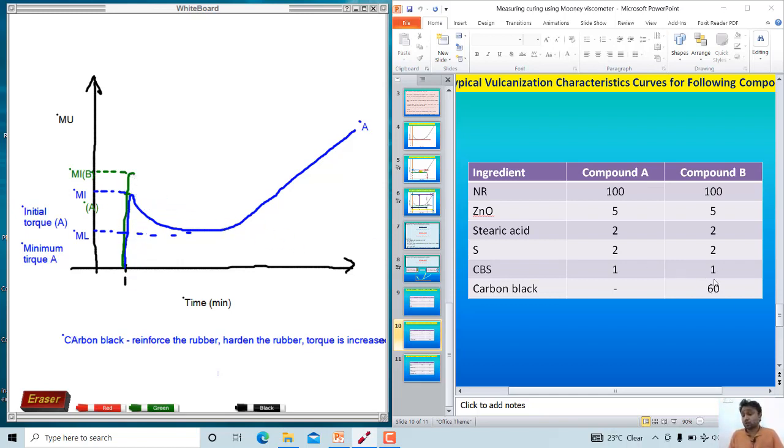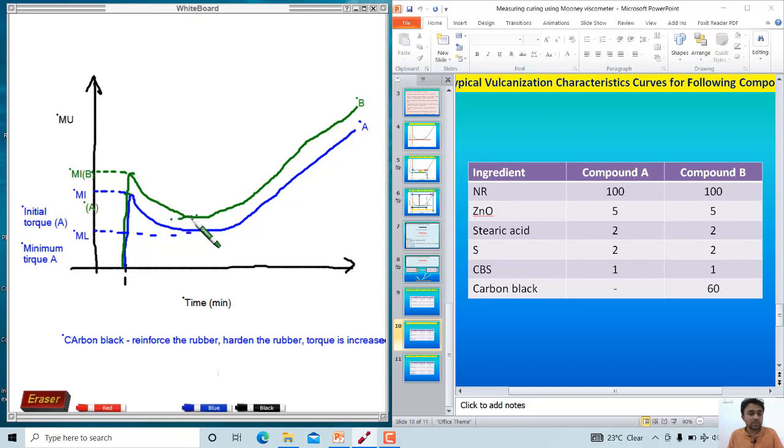It contains reinforcing filler 60 phr, so it should be somewhat high, maybe here, right? So it will reduce its viscosity value to a minimum value, and also it follows this type of curve, compound B, right?